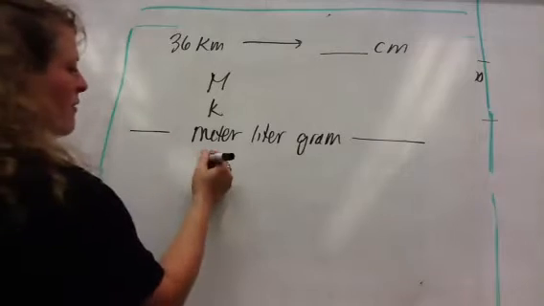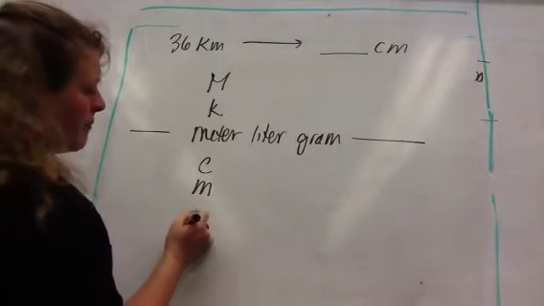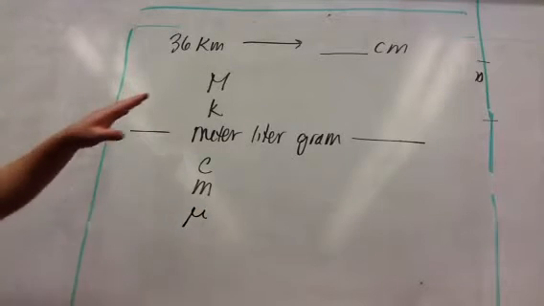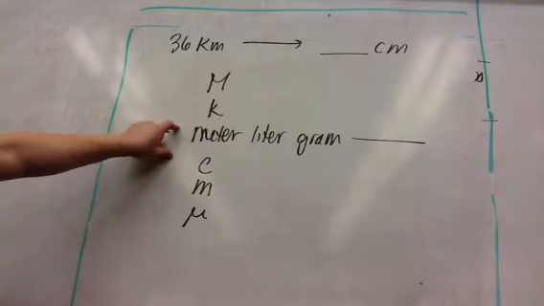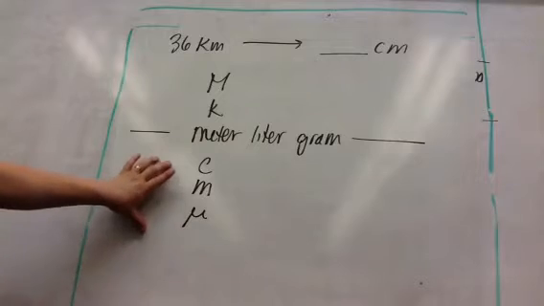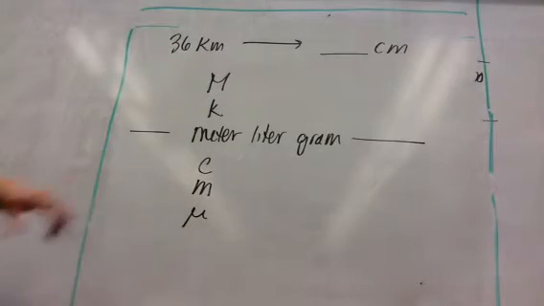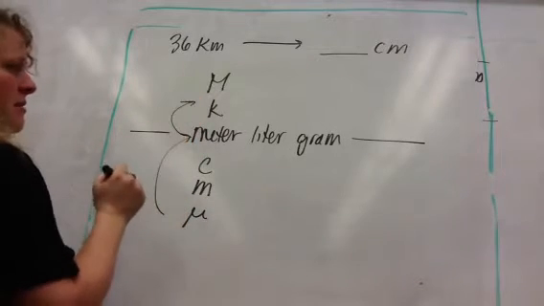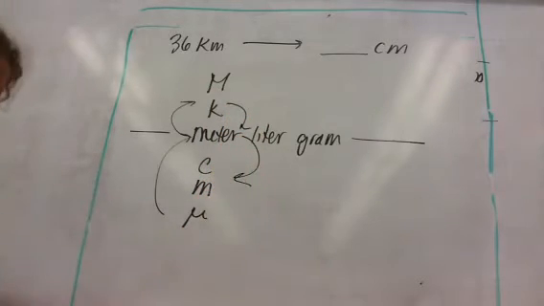Deci, we kind of skip over deci, centi, milli, micro, etc. Remember that these base units are sort of like a foundation. Whenever you're doing conversions from a very small unit to a very large unit, or a very large unit to a very small unit, you always go through the base units, whichever direction you're going.